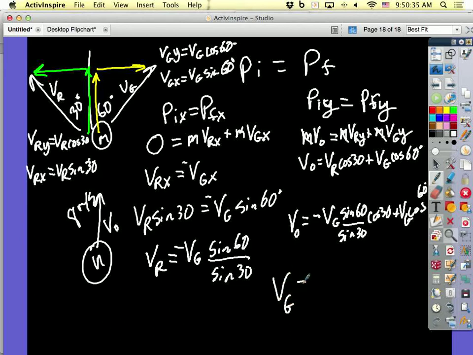So if I factor out VG, now I can say VG is equal to V0 divided by sine 60 over sine 30 times cos 30, plus cos 60. Now it's just a matter of adding all those together. Where'd you get the 60? It's from this, from the VGY.